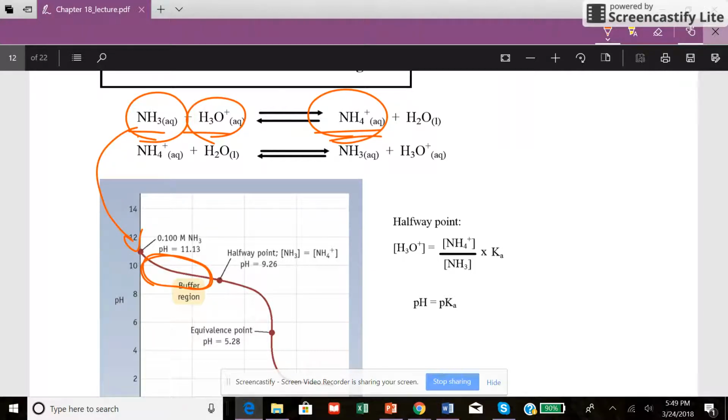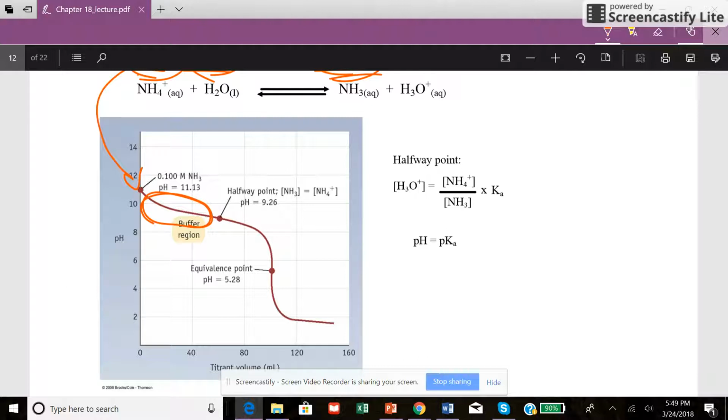Okay, and what happens at the half equivalence point? Half equivalence point means that half of the ammonia is gone. Let's say you start with 1 molar of NH3. Half of it is used up to react with the H plus, so 0.5 molar of NH3 will be gone.